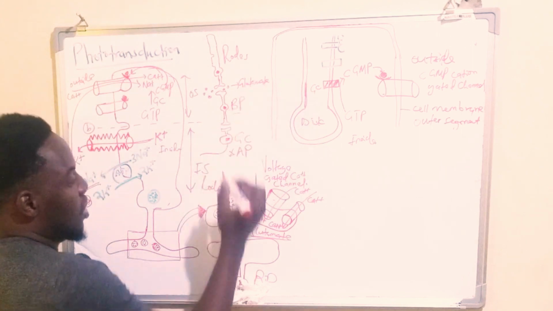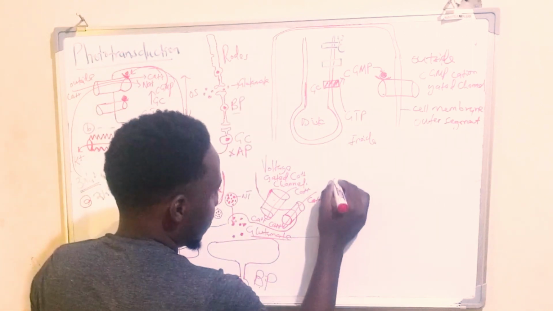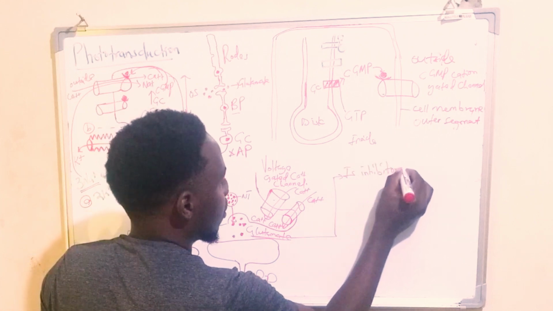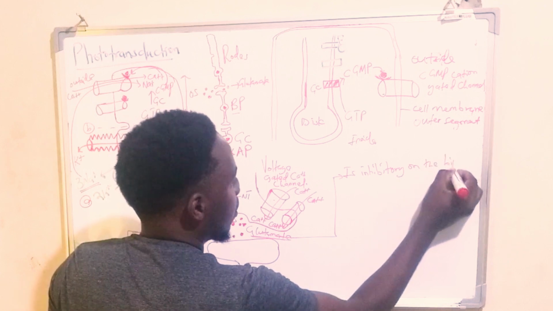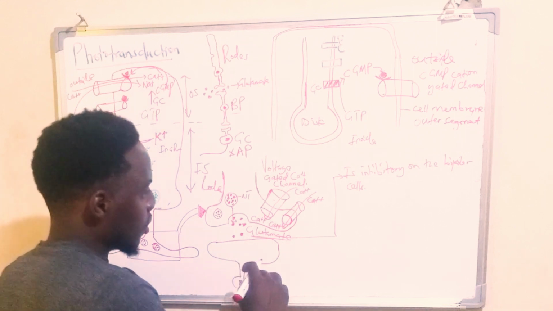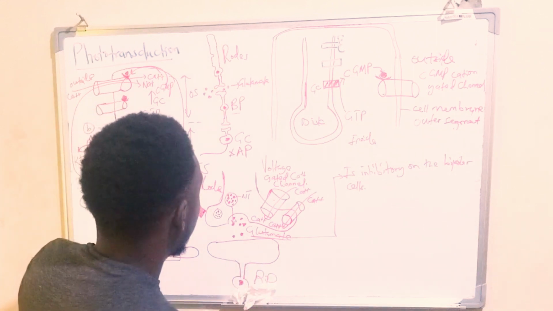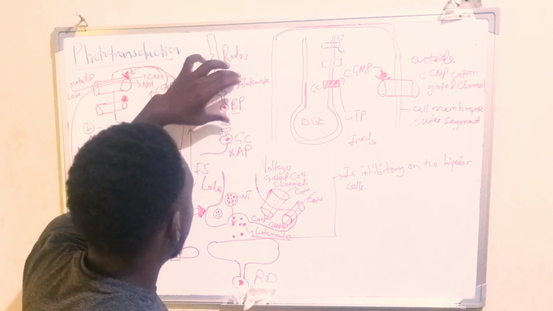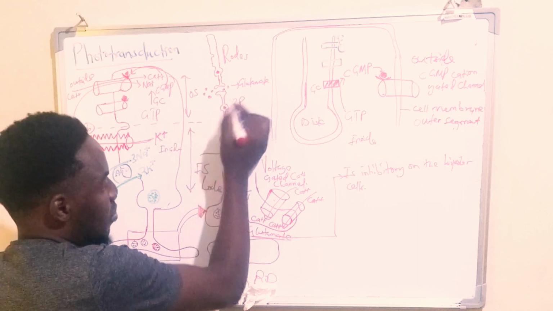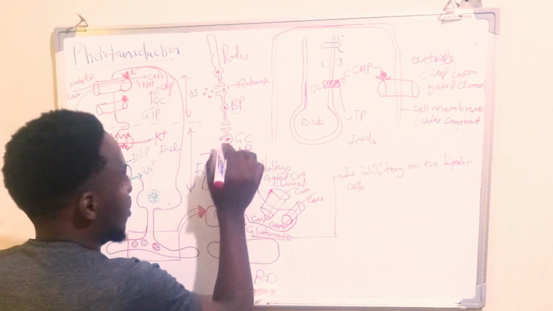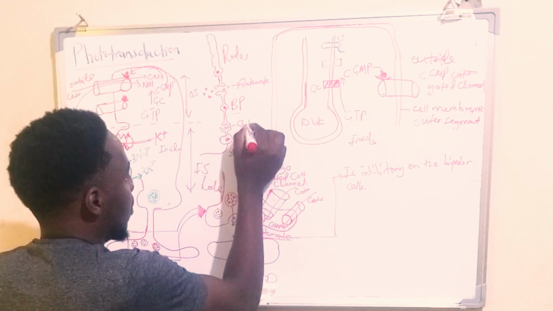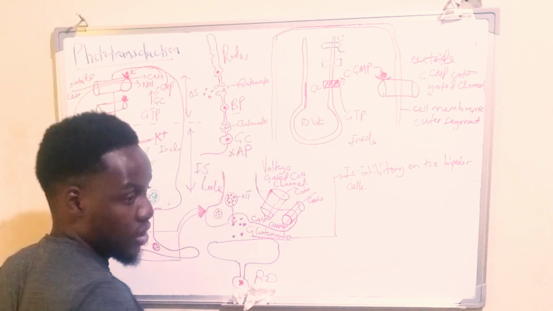So the glutamate released here is inhibitory on the bipolar cells. It gets to inhibit these bipolar cells and thereby inhibit the release of the neurotransmitter glutamate between the bipolar cells and the ganglionic cells.